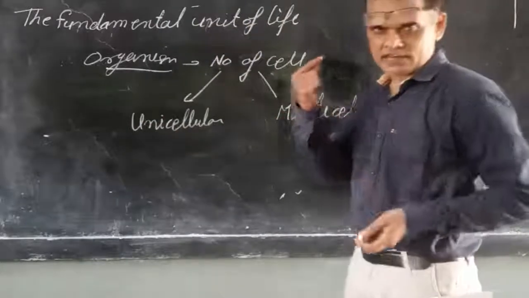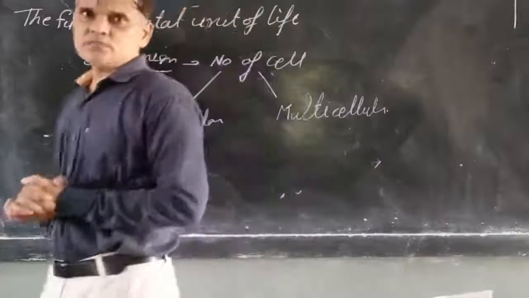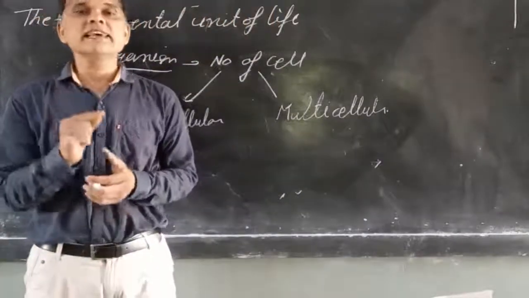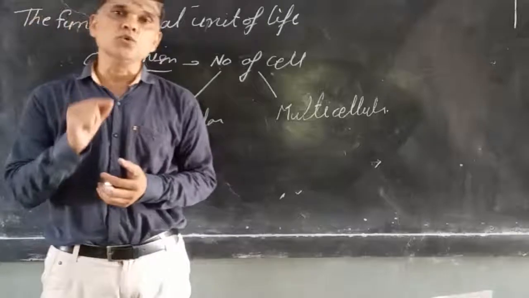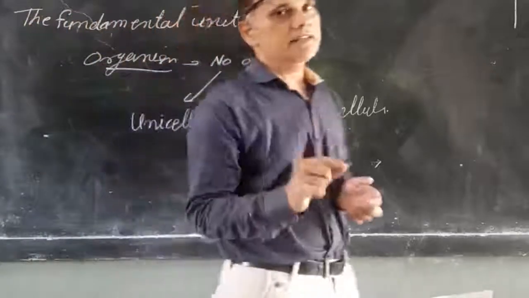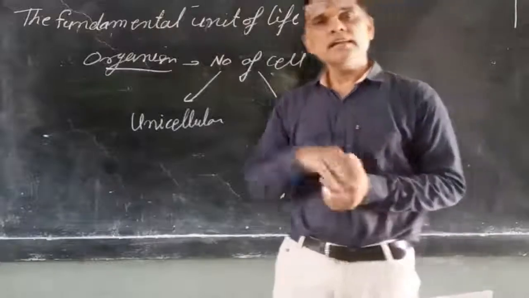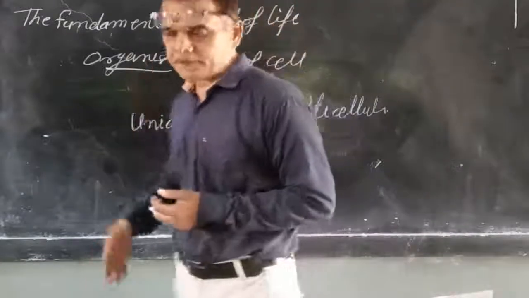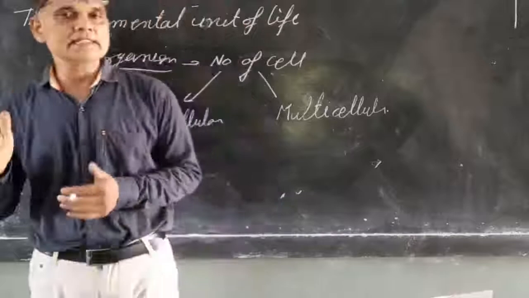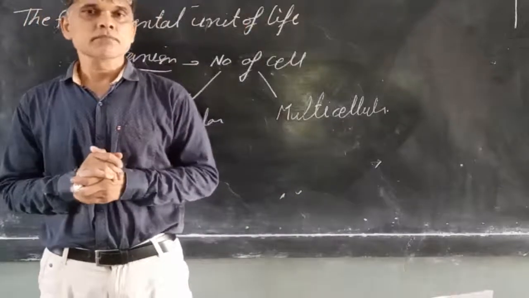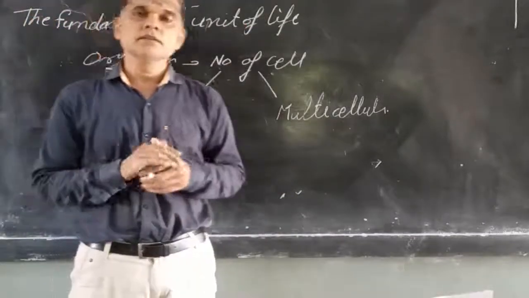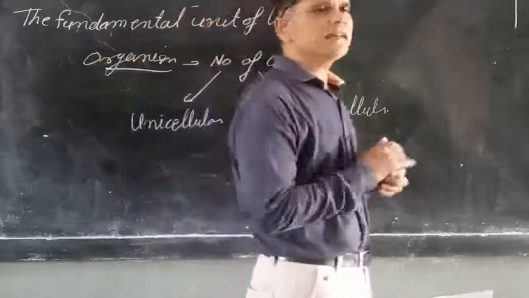Uni means single, one. If the organism's body is made from one cell, that is a unicellular organism. That organism performs all the functions from the single cell, such as reproduction, digestion, locomotion, and other functions.